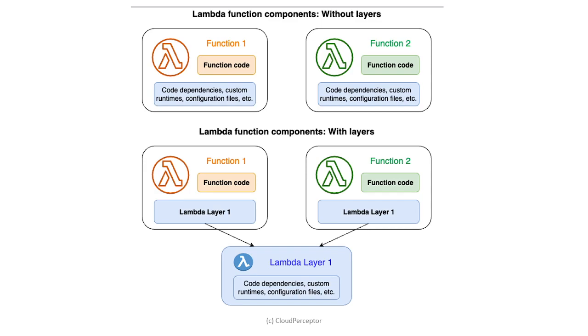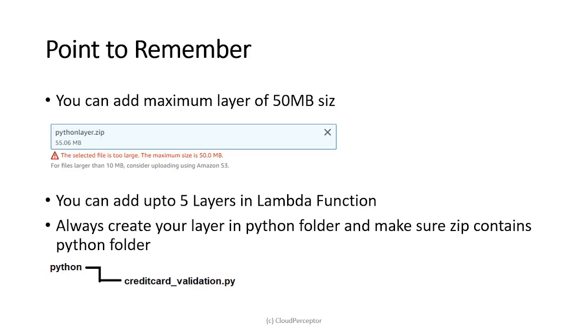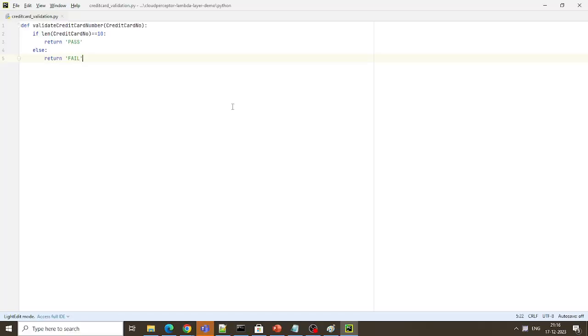First of all, let's look at the code that we are going to put in credit card validation.py. All right, so here's my code that I'm going to zip. Here we have a function called validate credit card number, which takes a parameter of credit card number. We are simply checking if the length of the credit card number is equal to 16, then it should return pass or fail.